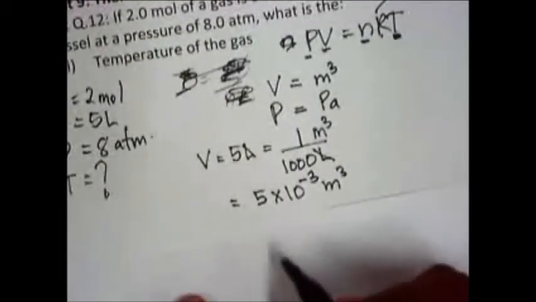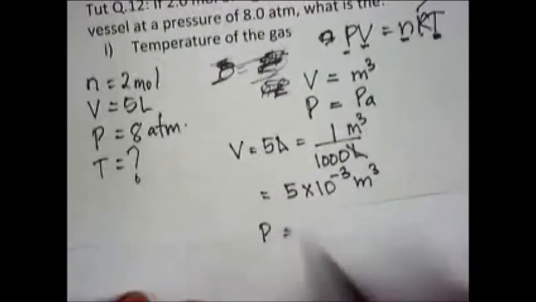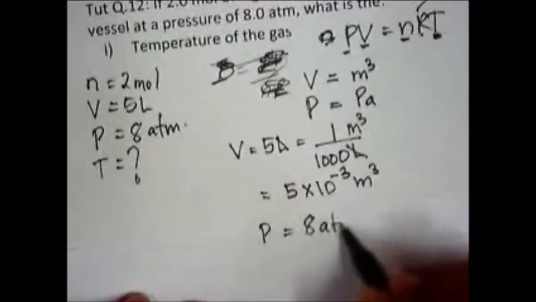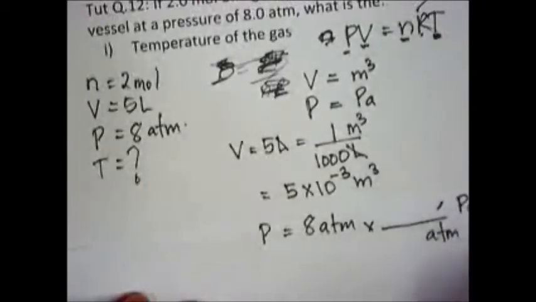Okay, and then you have pressure. Pressure is given there, 8 atmosphere. So you want to remove the atmosphere and you want to put pascals in its place.